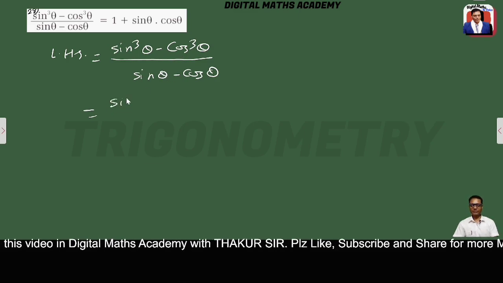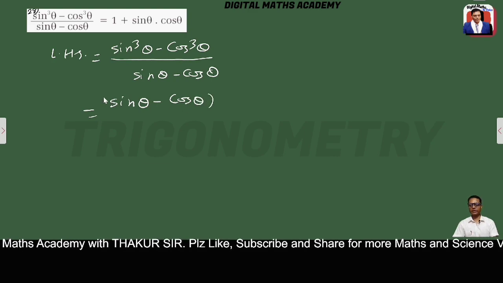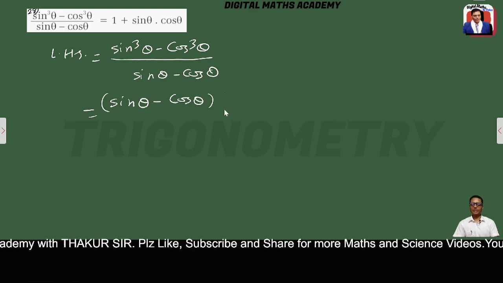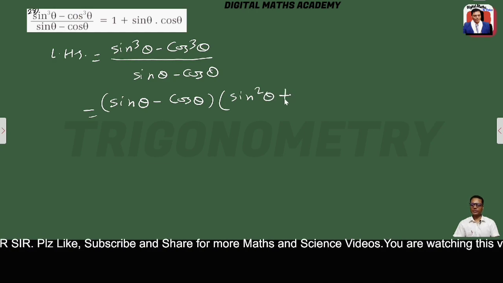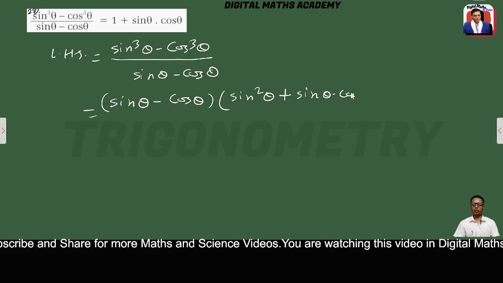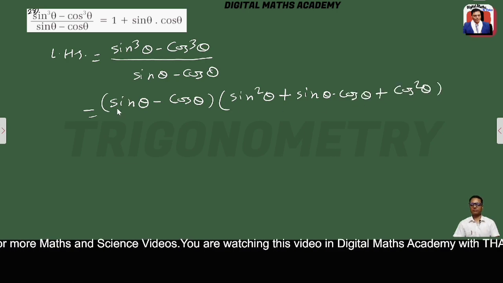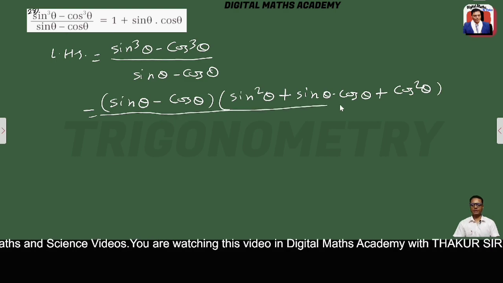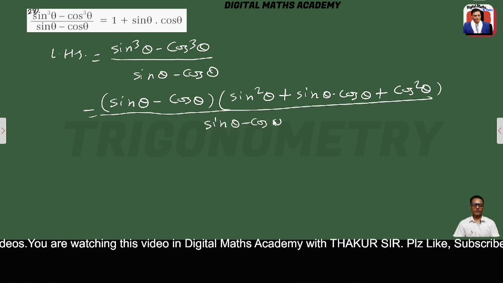So we have here a, that is sin theta, b, that is cos theta, (a minus b) into (a square plus ab plus b square), that is sin square theta plus sin theta cos theta plus cos square theta. And at the denominator we have here sin theta minus cos theta.